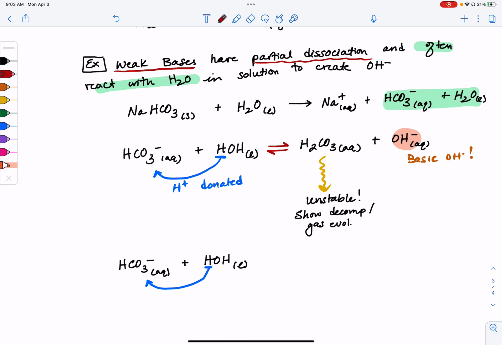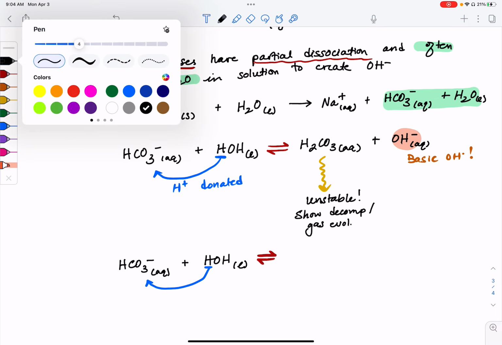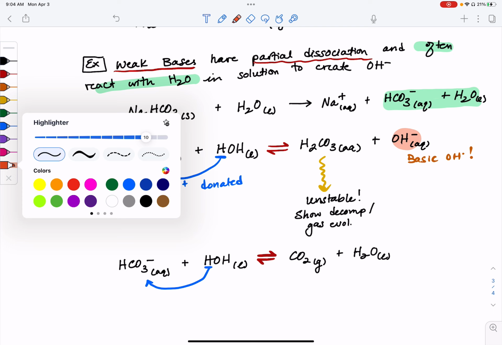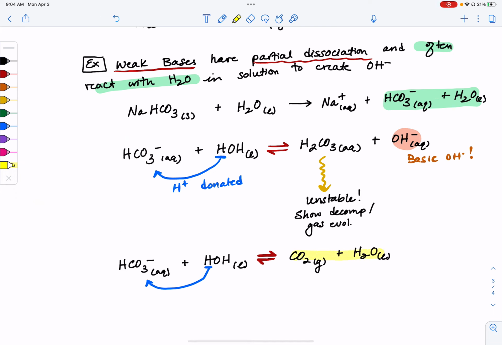And if I remember what my carbonic acid decomposes into, that decomposes into CO2 gas plus liquid water. So these are the results of our gas evolution. And then, of course, we have our remaining basic hydroxide.